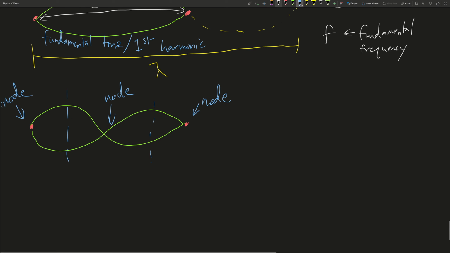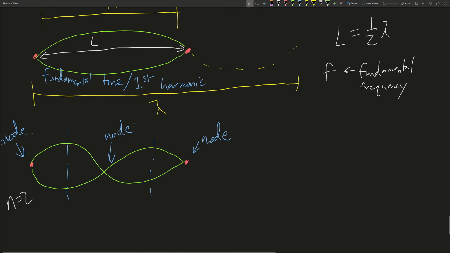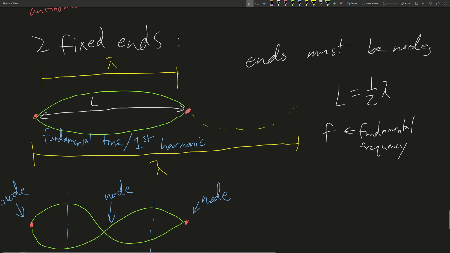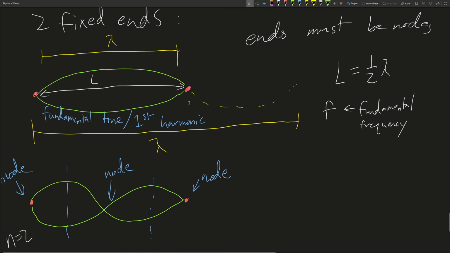So for this, we'll say n equals 2 because you can fit two of these antinodes on one of these lengths. So for here, we'll call this n equals 1, or this is the fundamental tone or the first harmonic.